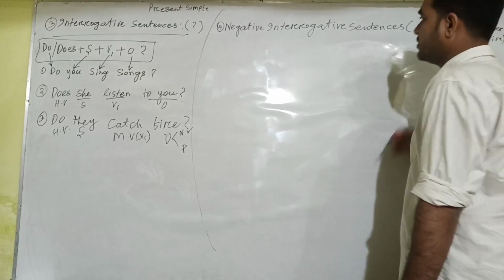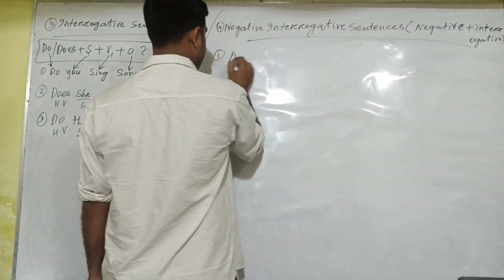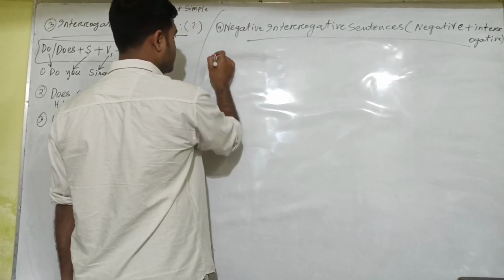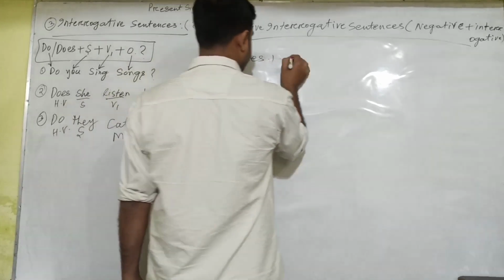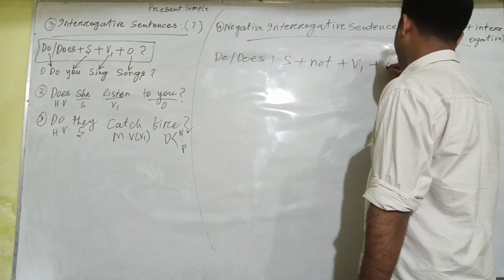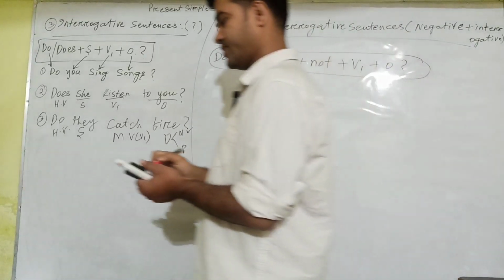That is negative interrogative. If I say, "Do they not," this is the structure I need to write: Do, does plus subject plus not plus V1 plus object plus question mark. This is the structure of negative interrogative sentences.